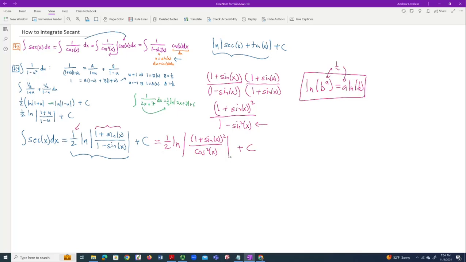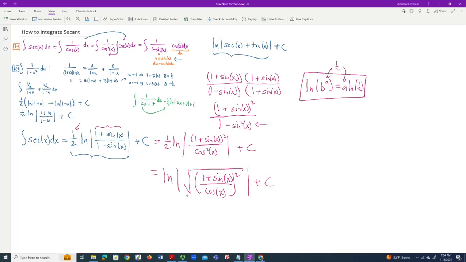But if you take all that to the half power, it's like taking the square root. So now ask yourself, what is the log of the square root? In fact, we can even rewrite this fraction as 1 plus sine of x over cosine of x, squared.